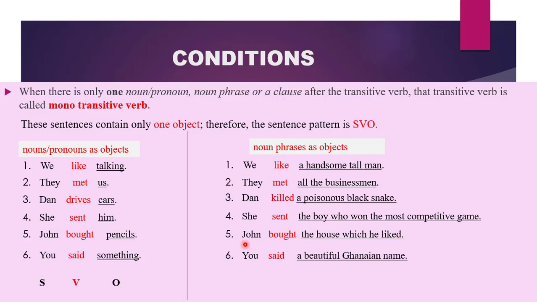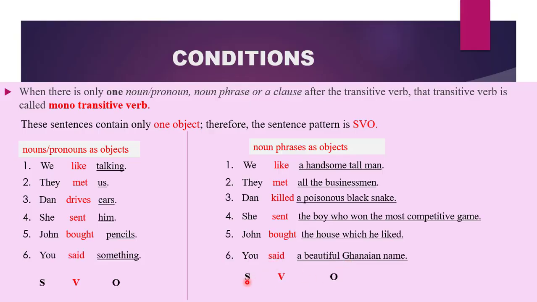The next one, you said a beautiful Ghanaian name. What did you say? That thing or that object or something that you said will suffer from the action say. And what did you say? A beautiful Ghanaian name. The whole of this is serving as our object because it suffers from the action said.